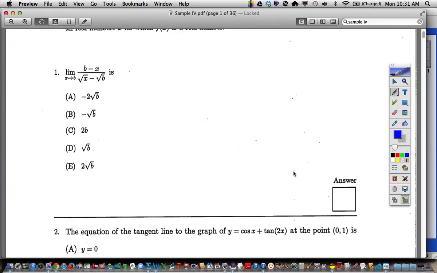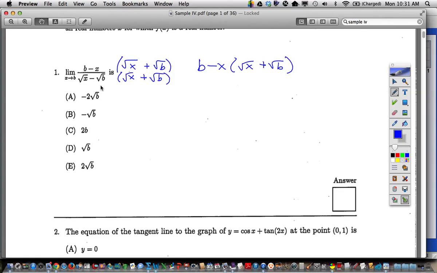This is a no calculator part. Conjugate and cancel. So this would be root x plus root b, root x plus root b. On top, we would not do anything. We would just leave those. What would you get on the bottom?